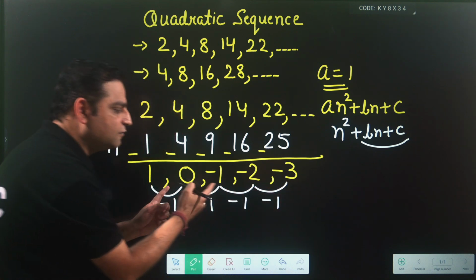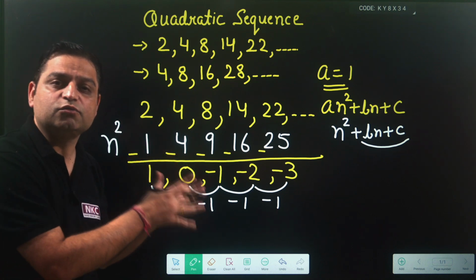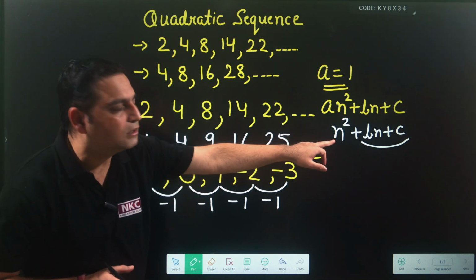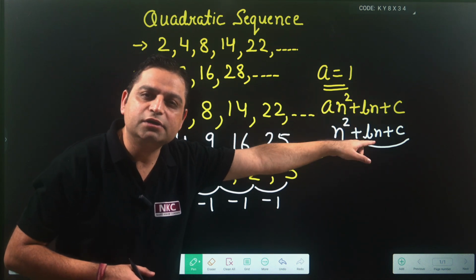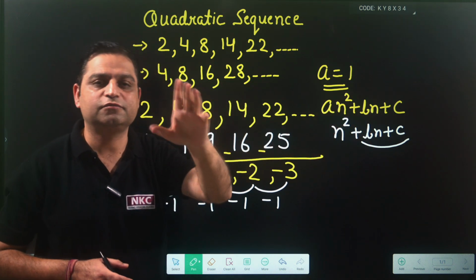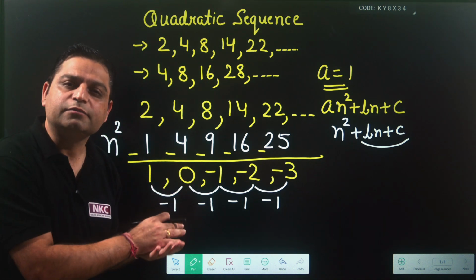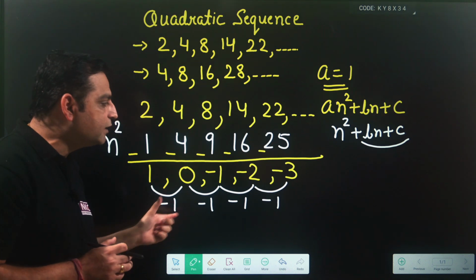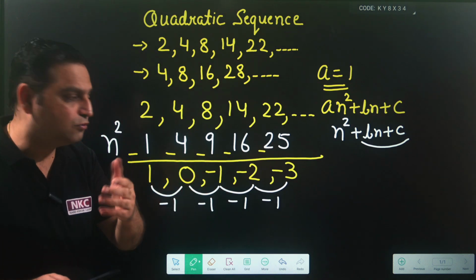When these differences are the same, this type of sequence is known as an arithmetic sequence, a linear sequence. The quadratic part I have already found. My next goal is to find bn plus c, which is the linear form, and the linear form is always given by an arithmetic sequence. Now how to write it? It's a challenge, but it is very easy. I'm telling you a shortcut way.